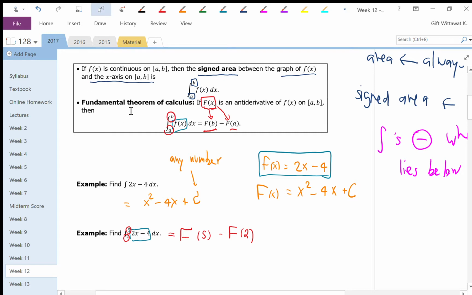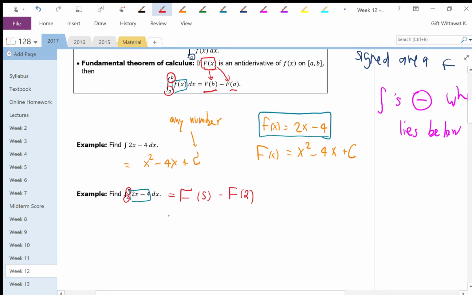So to compute the area under this graph, to compute the integral from 2 to 5, all I have to do is compute big F of 5, big F of 2, and subtract them. So let's actually do that. I'm going to use my big F here for my computation. My big F of 5 is going to be 5 squared minus 4 times 5 plus c.